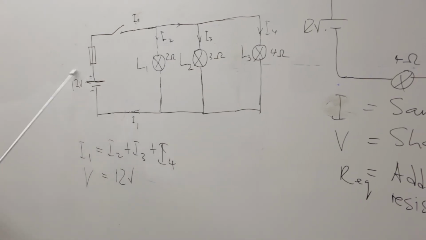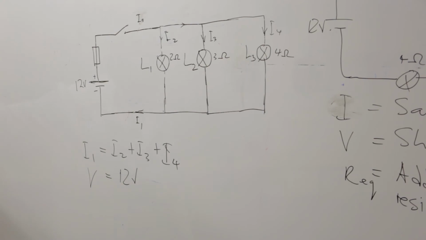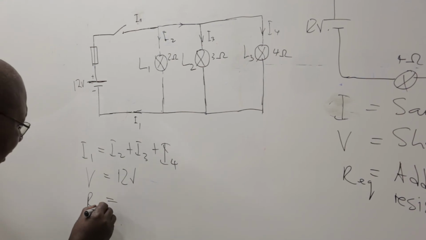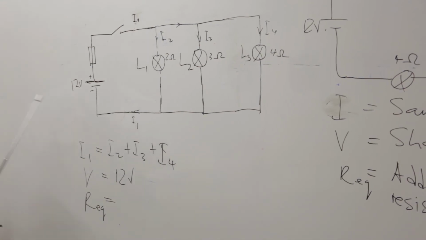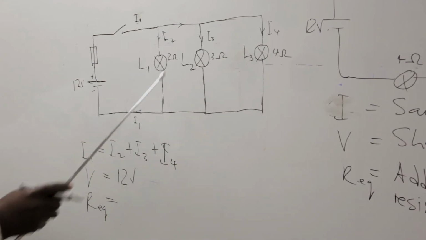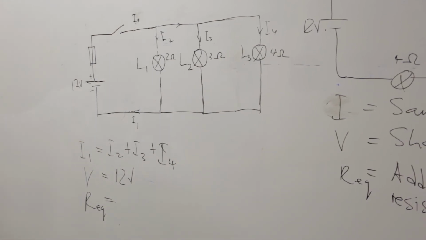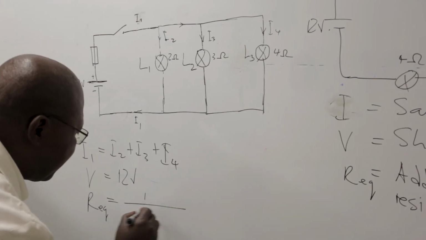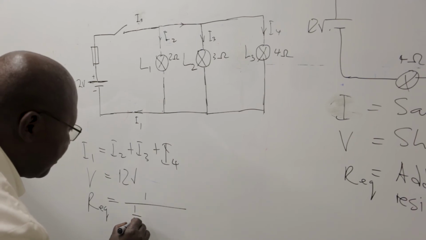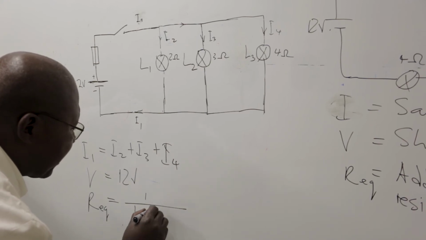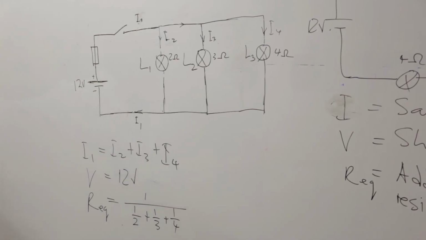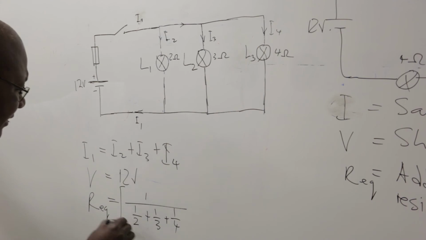Since the source voltage is 12, in each branch we'll get 12 volts. And then the equivalent resistance will be obtained from the reciprocals of these resistances. So for the total resistance, we are going to have 1 over R equals 1 over 2 plus 1 over 3 plus 1 over 4. That's the equivalent resistor.